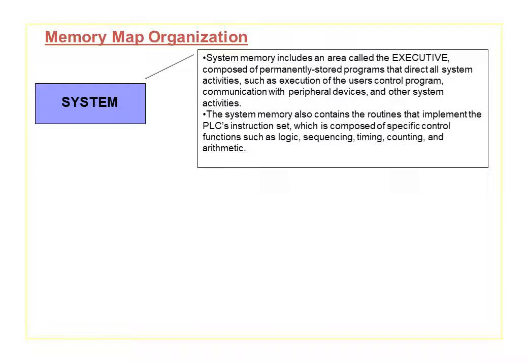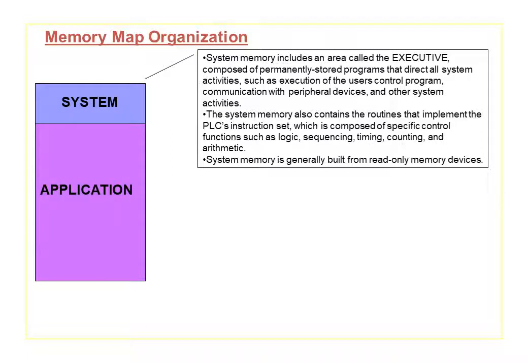We also have the system memory, which contains the PLC instruction set, composed of specific control functions such as logic, sequencing, timing, counting, arithmetic functions, and so on and so forth. This system memory is generally built from read-only memory devices, or ROMs, and we will be discussing what these ROMs are a few slides later.